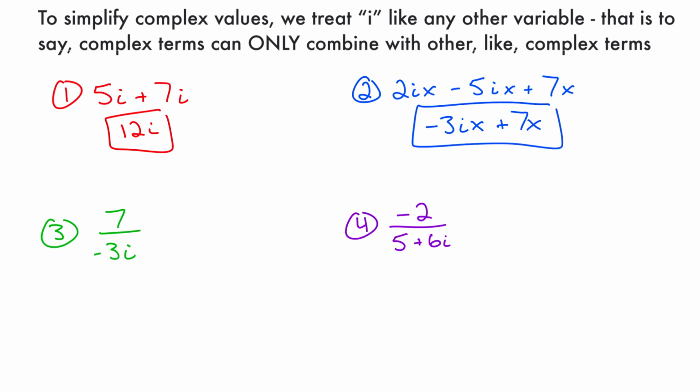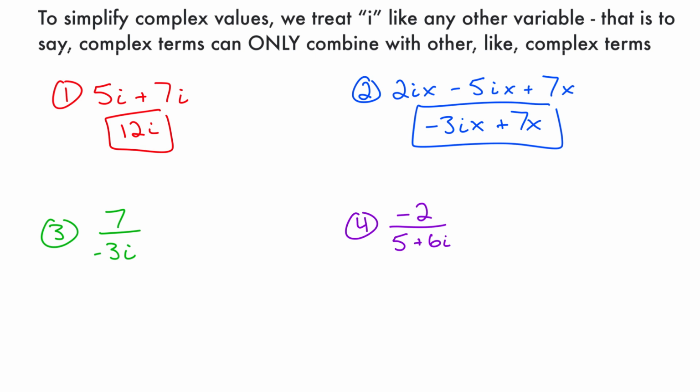But the big one that I want to point out is problem 3 and 4. It's important for you to recognize i, by definition, is the square root of negative 1. Therefore, i is a radical. Problem number 3, I'm not okay with that. I can't have an i in the denominator because we're not allowed radicals in the denominator.